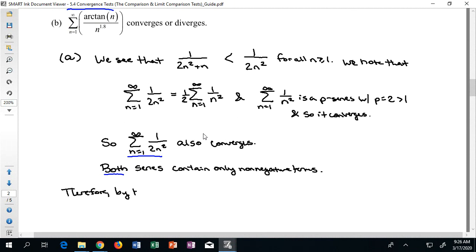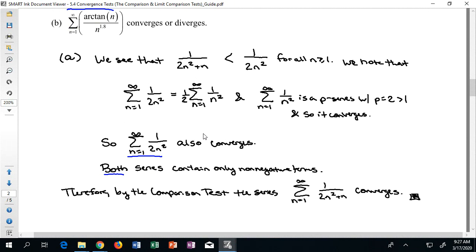So I'll say therefore, by the comparison test, the series 1 over 2n squared plus n converges. It's trapped below a convergent series, and so it must also converge.